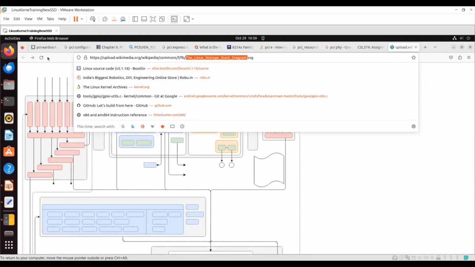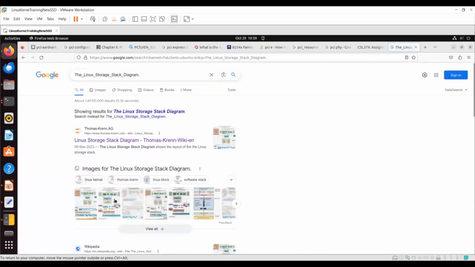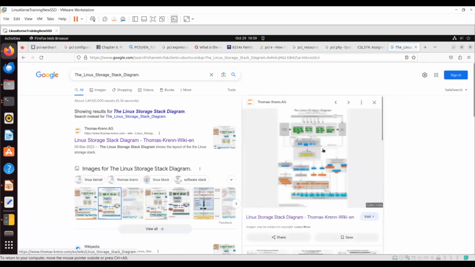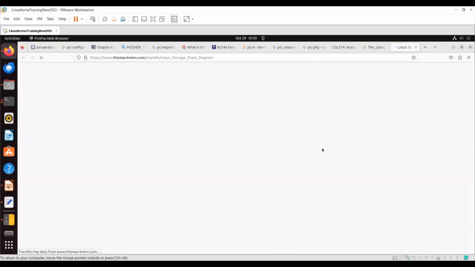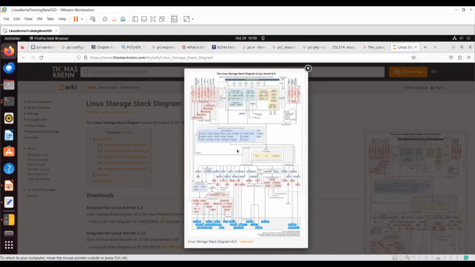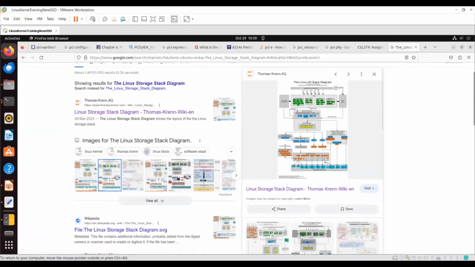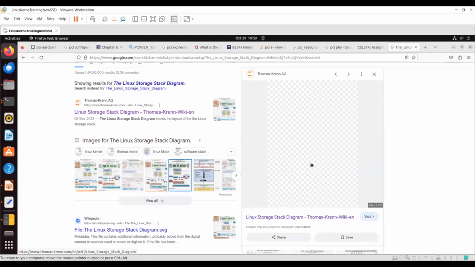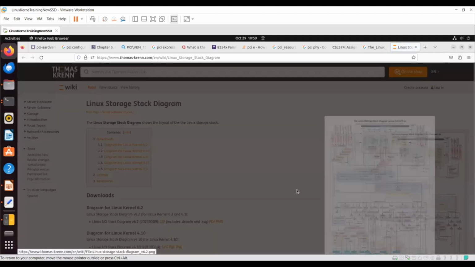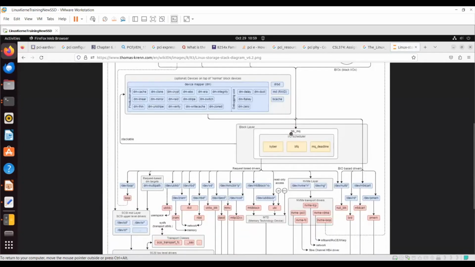This diagram will give a complete picture of this. So this is how it looks.